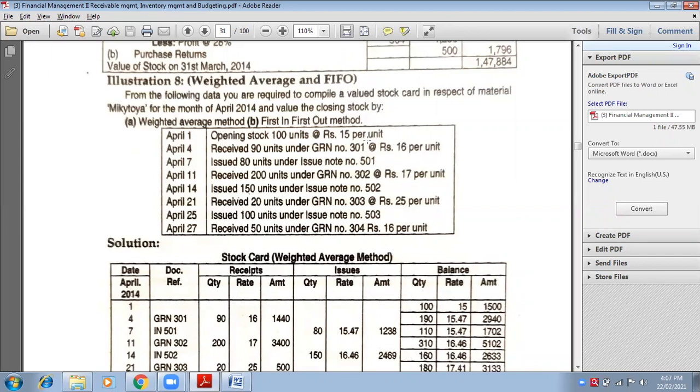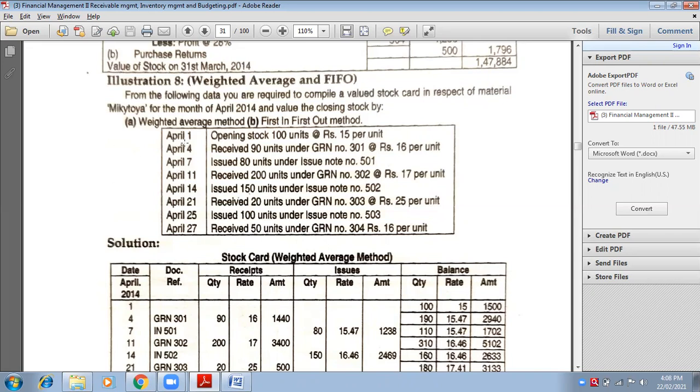Yes. So receipt column nil, issue column nil, directly come to the balance column. Write down 100 units, rate 15, and amount will be 1,500. Very good. Next, draw the line because date is over, right from the beginning till the end.